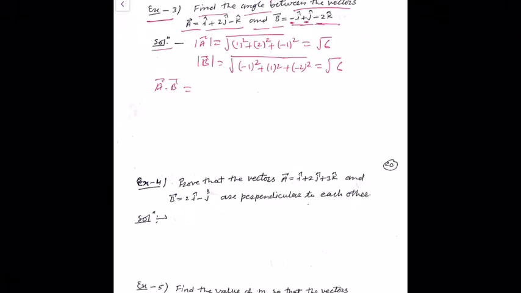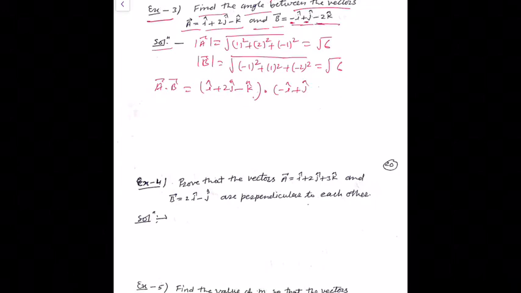So a vector dot b vector is equal to i cap plus 2j cap minus k cap dot minus i cap plus j cap minus 2k cap.